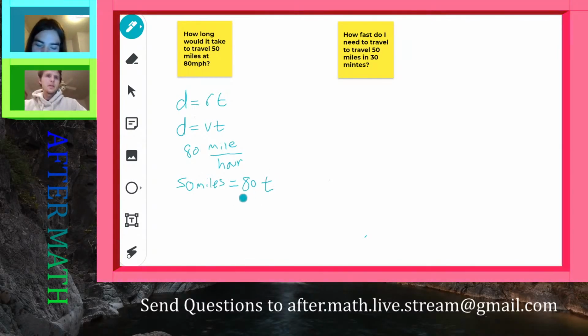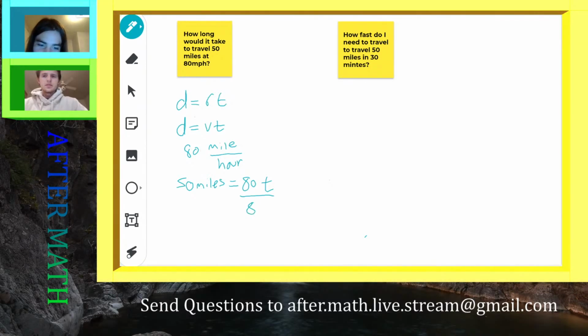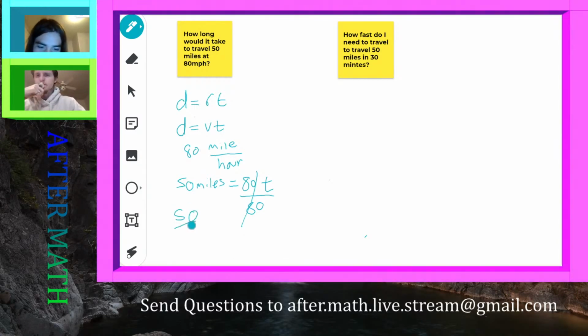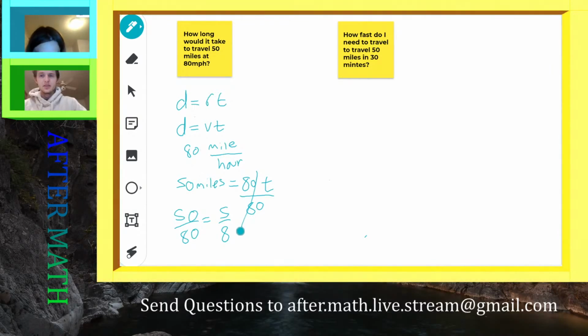All we do is divide both sides by 80 to solve for the time. So we've got 50 over 80, which is equal to 5/8, and this is hours.